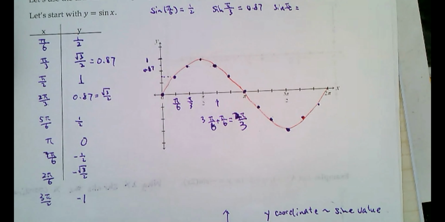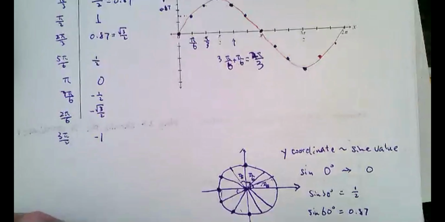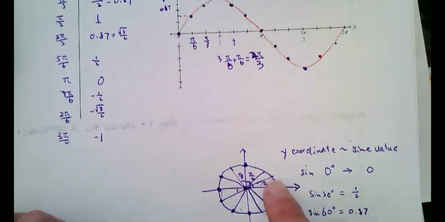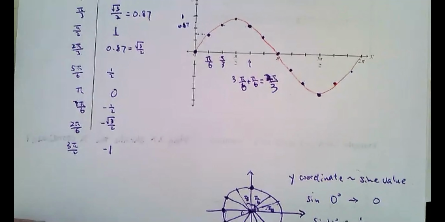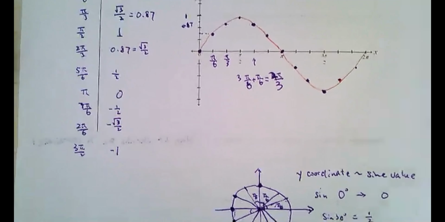This is how I sketch the graph of the sines, okay, with the assistance of unit circle here. Any question how we get those values or how we sketch the graph? Okay, so no question, let's just continue.